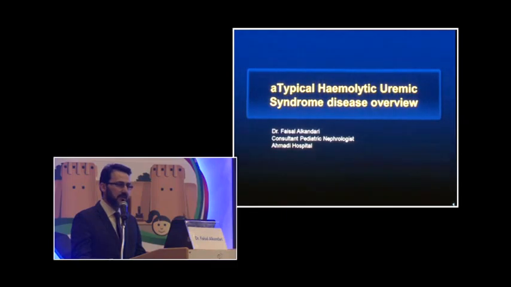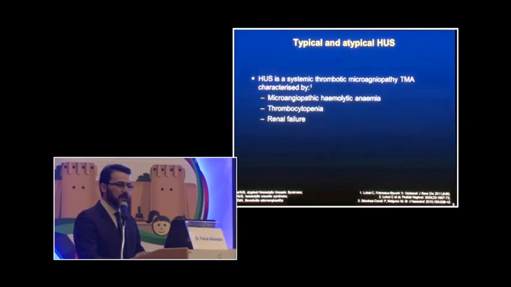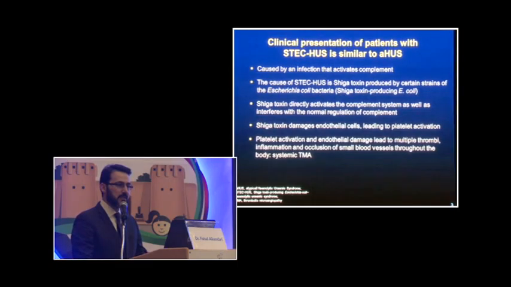Today I will talk about the atypical hemolytic uremic syndrome disease overview. As you all know, hemolytic uremic syndrome is a systemic thrombotic microangiopathy characterized by microangiopathic hemolytic anemia, thrombocytopenia, and renal failure.